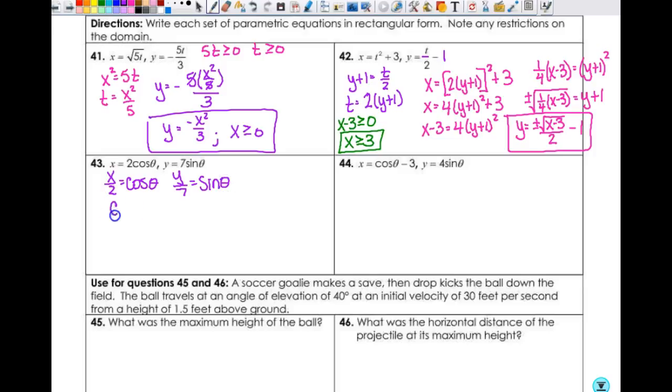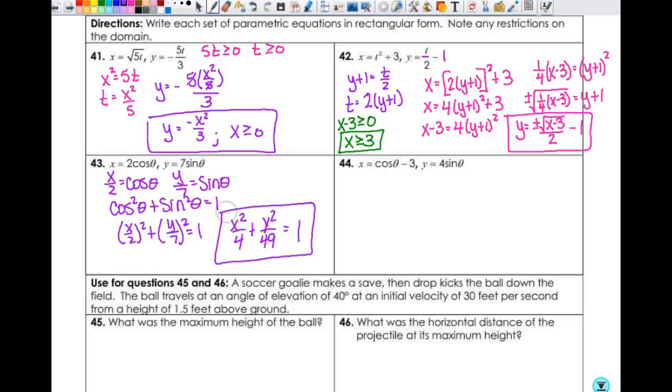Well, I know that cosine squared theta plus sine squared theta equals 1. That means that x over 2 squared plus y over 7 squared has to equal 1. So x squared over 4 plus y squared over 49 equals 1. And I'm done. If they're both squared, you don't solve for either one of them.